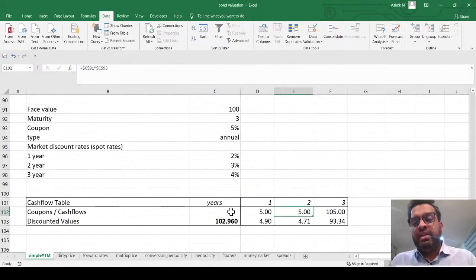So when the seller invoices the buyer, he will say: this is the regular price, the flat price, what has been traded in the system, but I also need the accrued interest for the period from the previous coupon date to the settlement date or trade date. When you add that accrued interest to the price, which is called the clean price, you get what is called the dirty price. Different terminologies are used: flat price or clean price, or full price or dirty price.